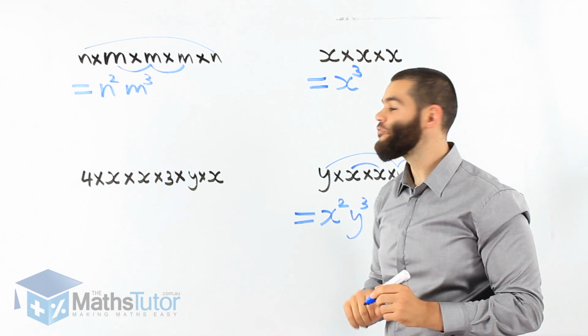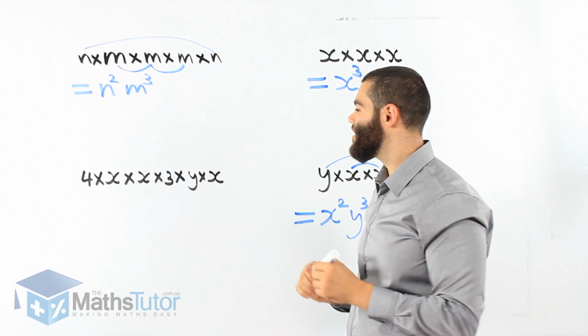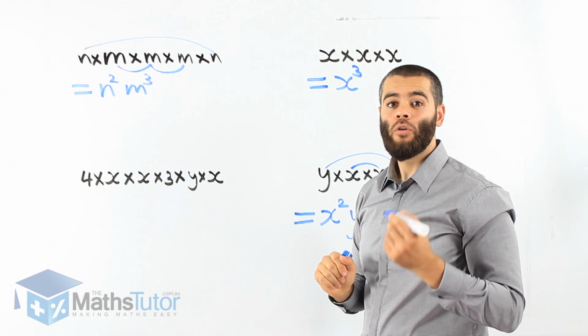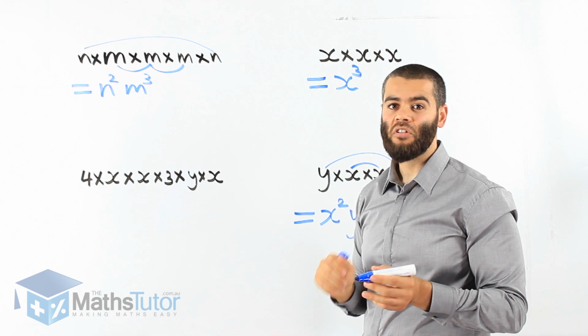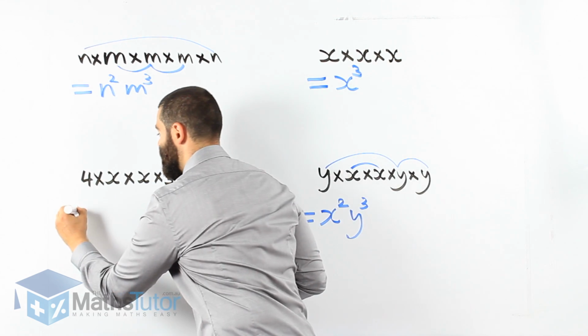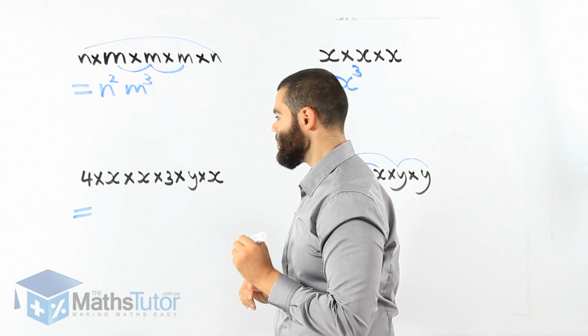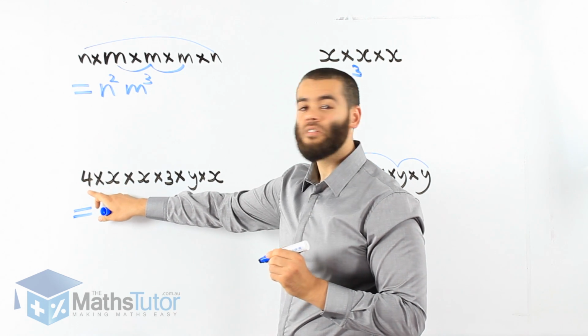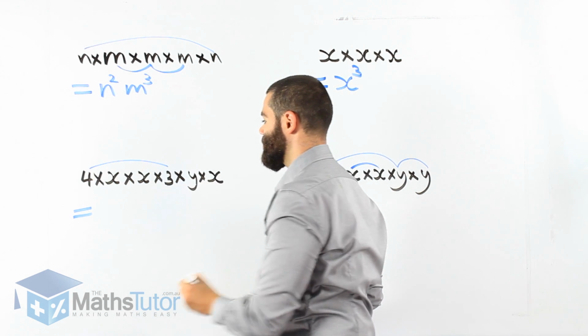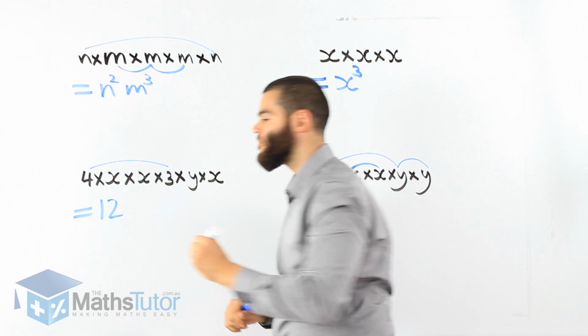Next one, 4 times x times 3 times y times x. We have pronumerals and we also have numerals. We always start with the numerals all the time. Where do we start? 4. Does it multiply with another numeral? Yes, 4 times 3. 4 times 3 is 12.